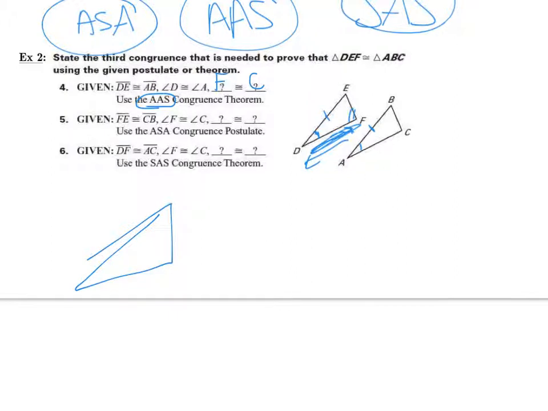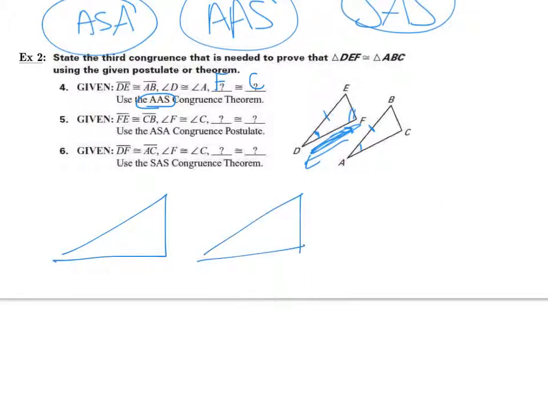Whoa, that's terrible. Try this again, like that. So we have FE, FE is congruent to CB, and angle F is congruent to angle C. And we're trying to prove it by angle, side, angle.